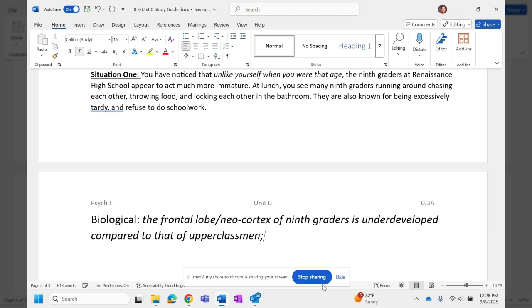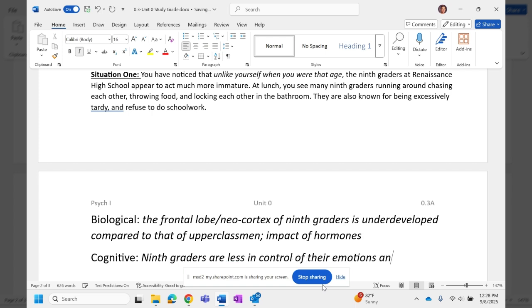Also, you could look at impact of different hormones that are being secreted by the endocrine system. Cognitive. So yeah, you could say that ninth graders are less in control of their emotions and aggressive feelings, and therefore need to act out.